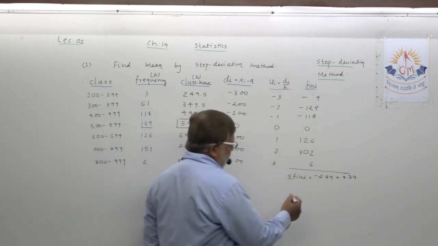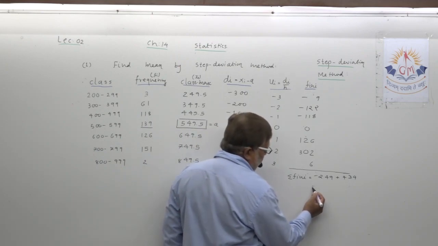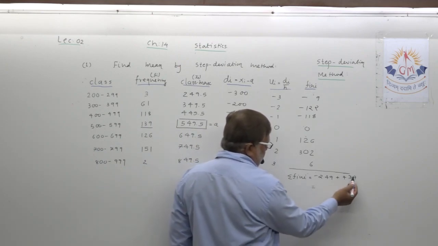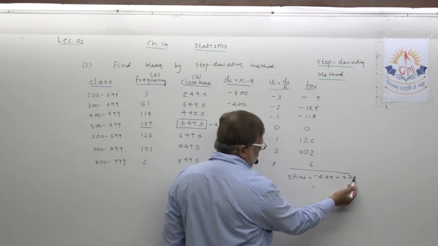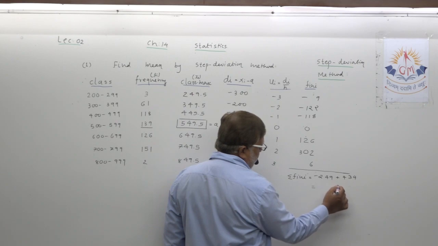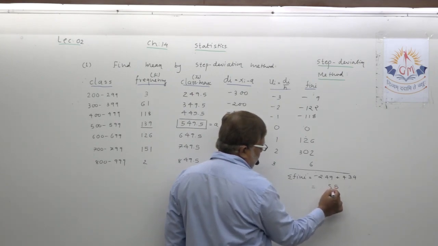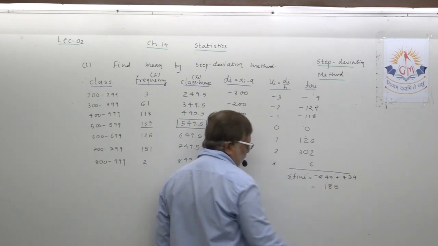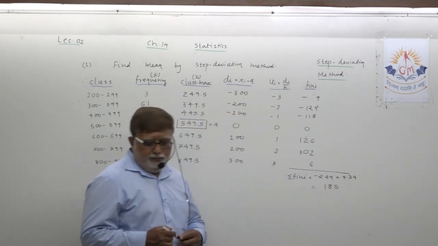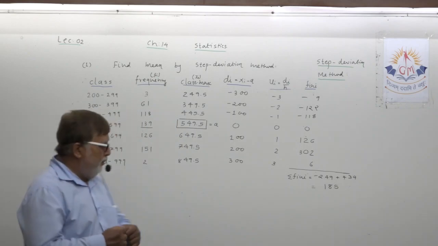Minus and plus, just go on subtracting: 434 minus 249 is 185. That is sigma Fi Ui.